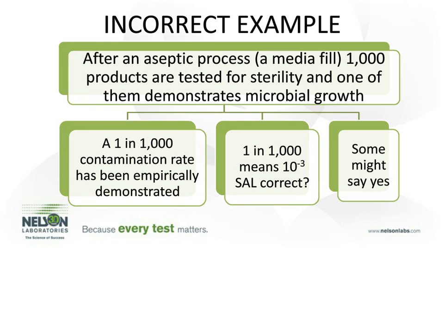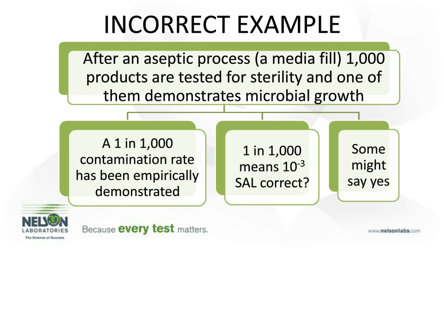So if we think of it from an aseptic processing standpoint, here would be an incorrect example of application of sterility assurance level. After a media fill in an aseptic process, 1,000 containers are filled with media and tested for sterility. If one of them demonstrates microbial growth, we have proven with data a 1 in 1,000 contamination rate.